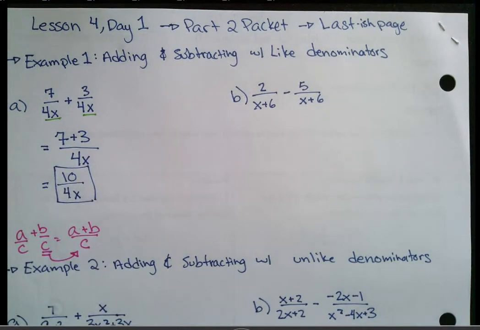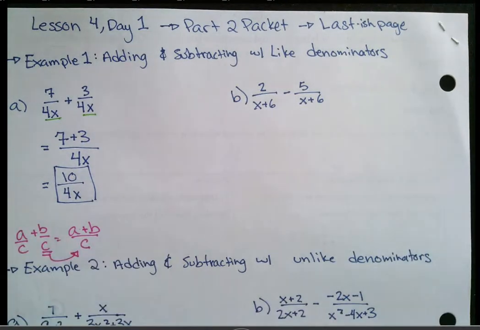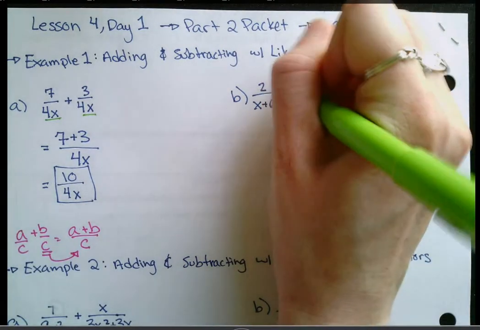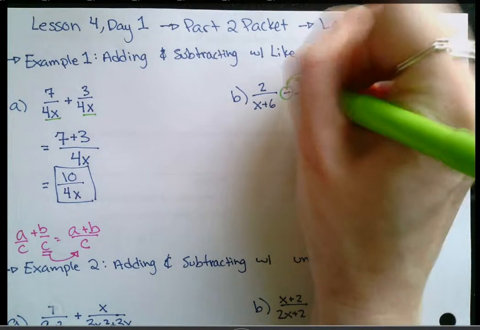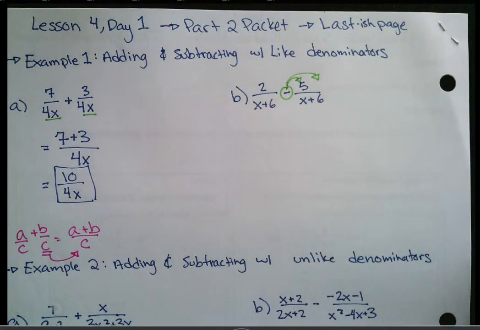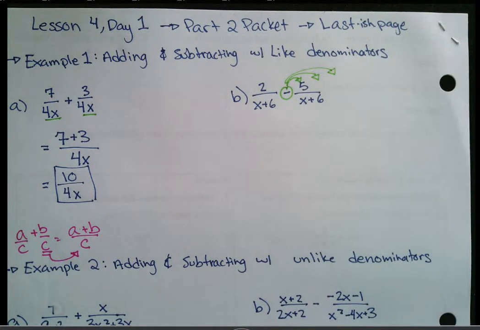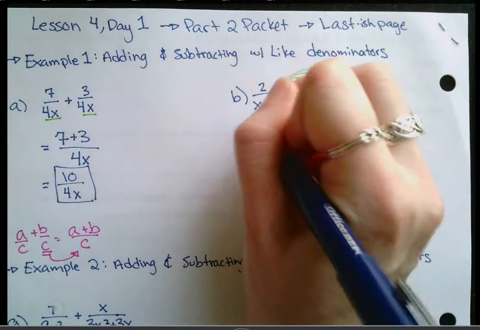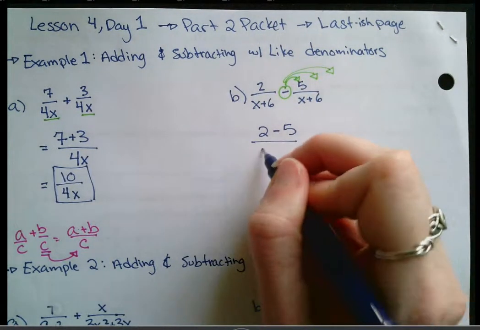These ones are pretty quick, straight to the point. For our next one, the only thing that's tricky is the fact that there's this negative here. If there were multiple terms up here, you would need to make sure you were distributing. It affects everything that's in the numerator, all the way down, no matter how many terms you have. Luckily, this one there's only one, so we're going to end up with just a 2 minus 5, and that's going to be divided by that x plus 6.